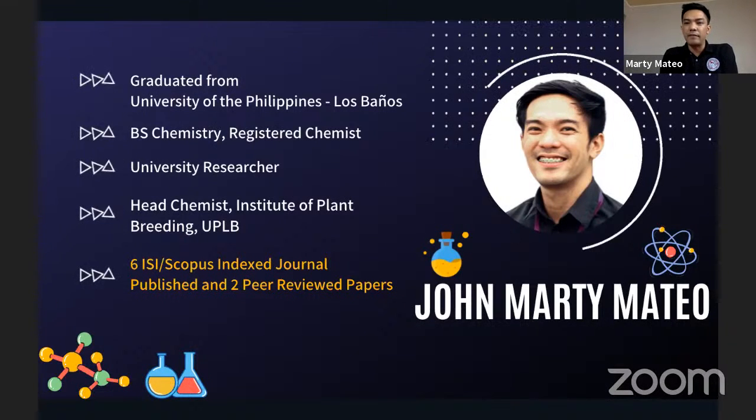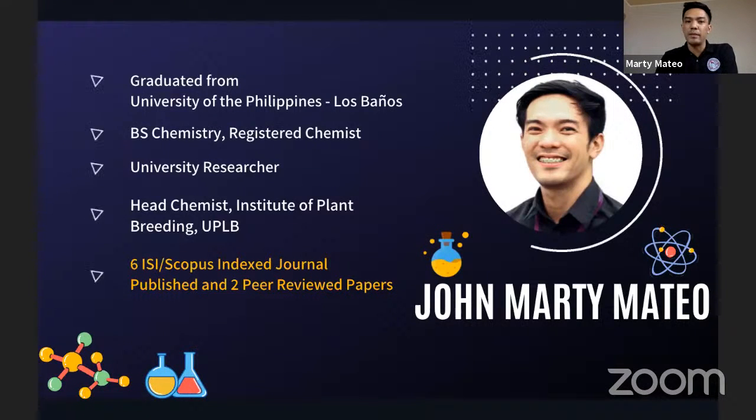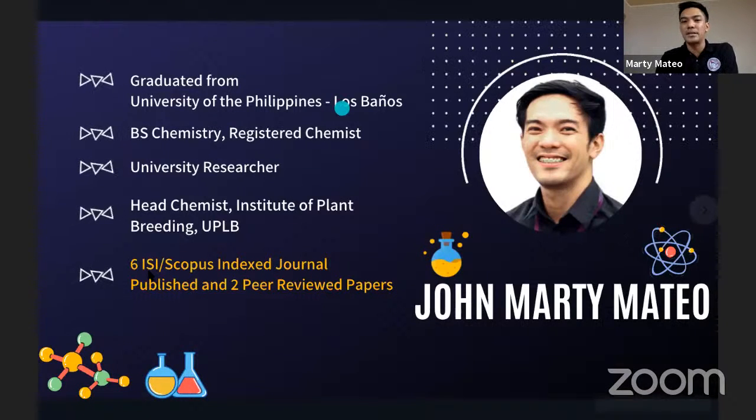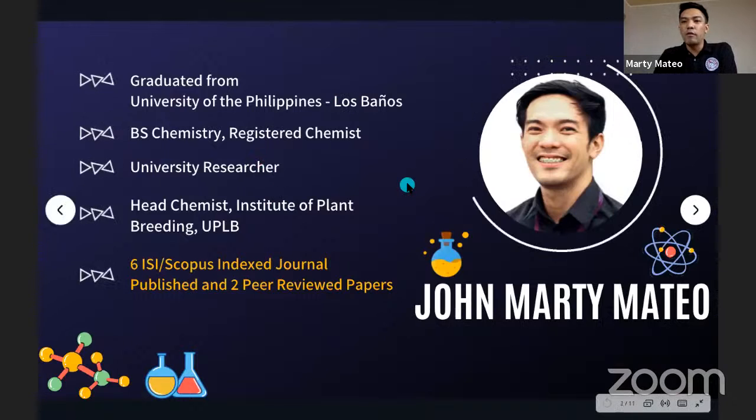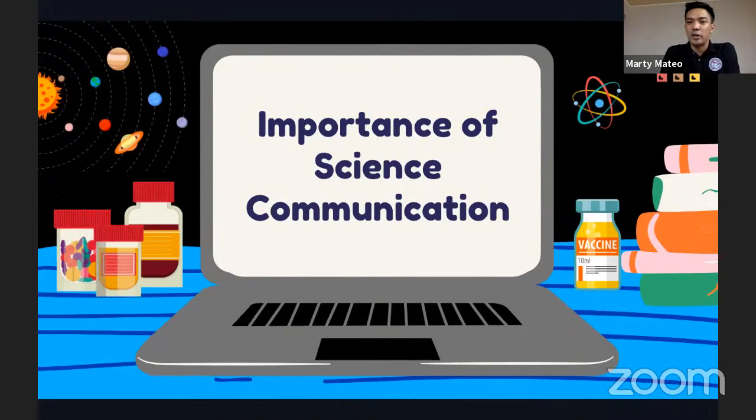So far I have 6 ISI or Scopus indexed journal papers published and 2 peer-reviewed papers published. Today, I will be discussing the importance of science communication. It is important to know the basics of science communication before we go further into how to write scientific reports and laboratory reports.